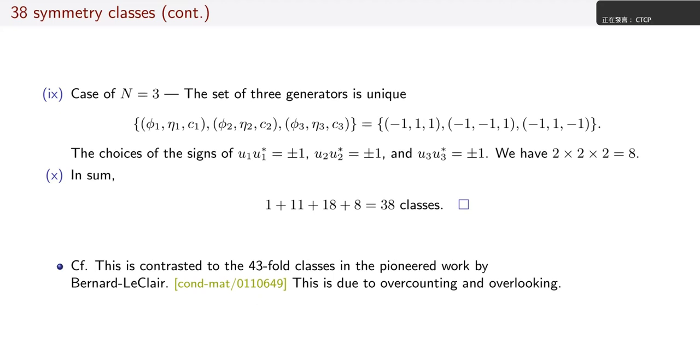We can choose this group element as a generator of D2 cubed. Then for each generator, I have two choices of U1 square, U2 square, and U3 square. Eventually, I have 2 times 2 times 2, which is equal to 8. So I get 38 distinct symmetry classes.